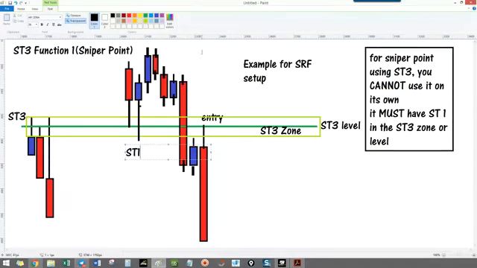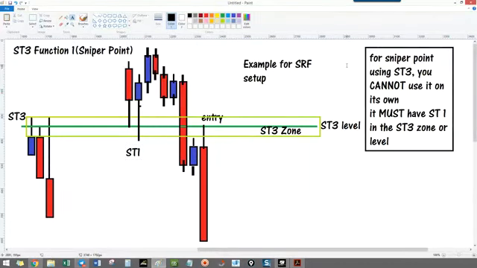ST1 and ST3 in the same zone. Look, for sniper point using ST3, you cannot use it on its own. It must have ST1 in the ST3 zone or level. Okay, something like this. Okay, let me capture this.